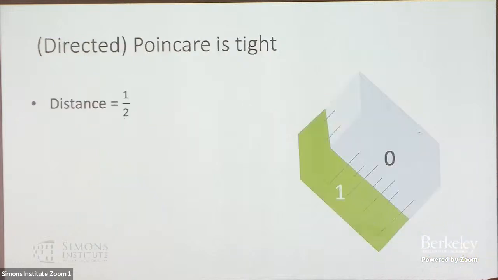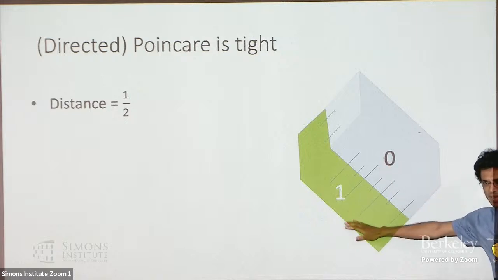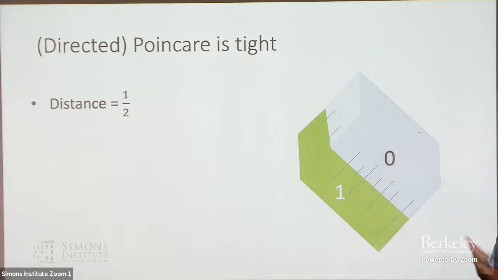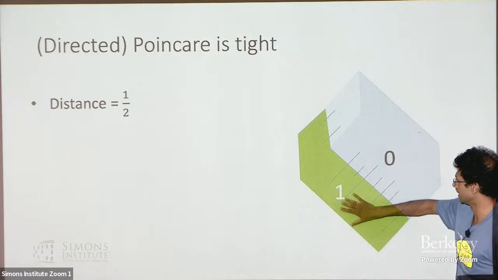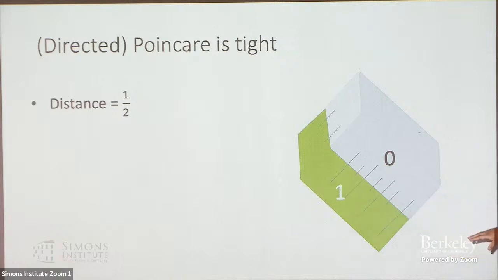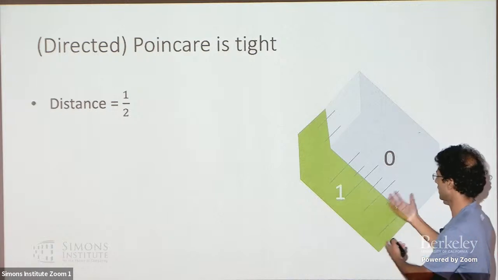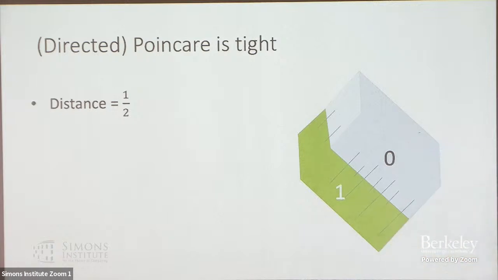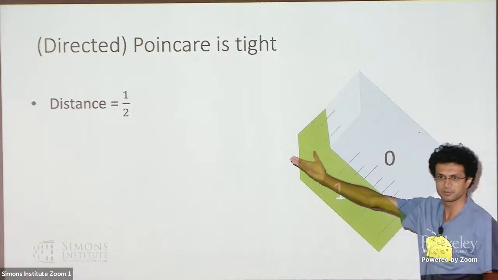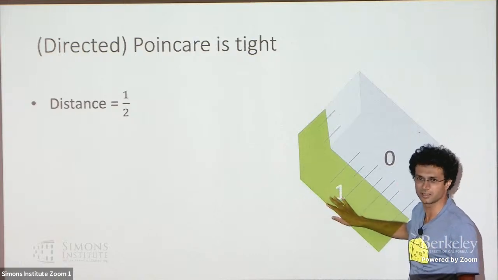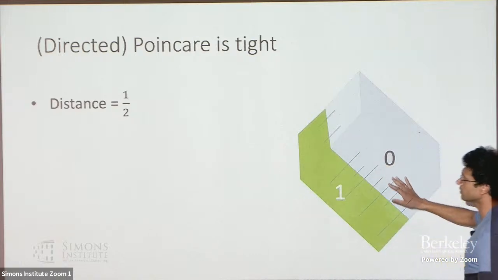Dictator, half space. So let's take the dictator. I'm just going to consider the anti-monotone version because I'm thinking of distance to monotonicity. In this case, it's all the same. So the directed Poincare bounds are both tight by this example. Take the dictator function. The distance is half, because you have to change all of these values to 0 or all of these to 1.